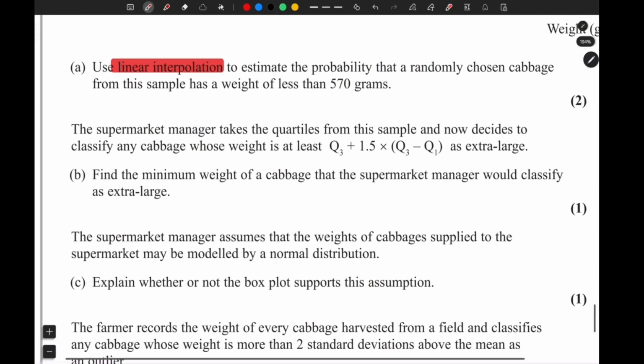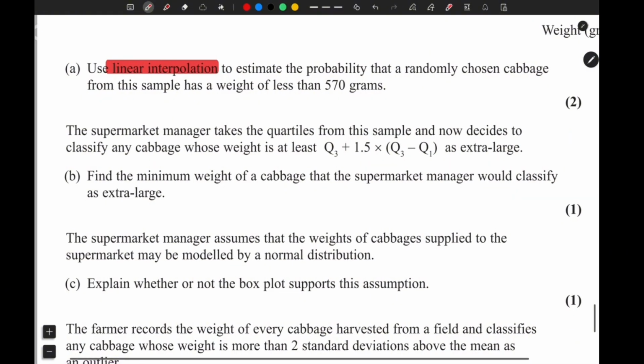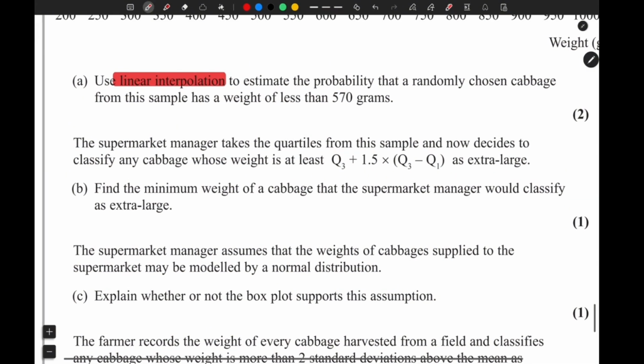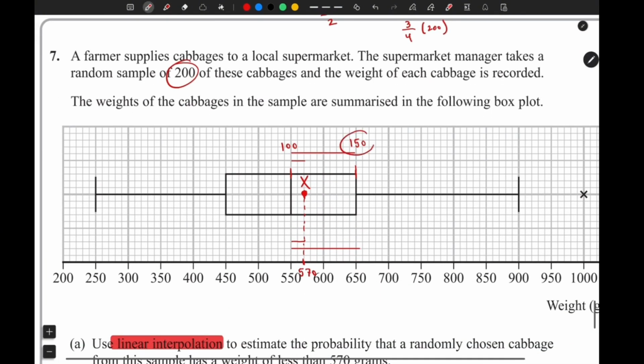Alright, now we need to find the minimum weight of a cabbage that the supermarket manager would classify as extra large. So an extra large cabbage is one above Q3 plus 1.5 times Q3 minus Q1. We know the value of Q3 to be 150.